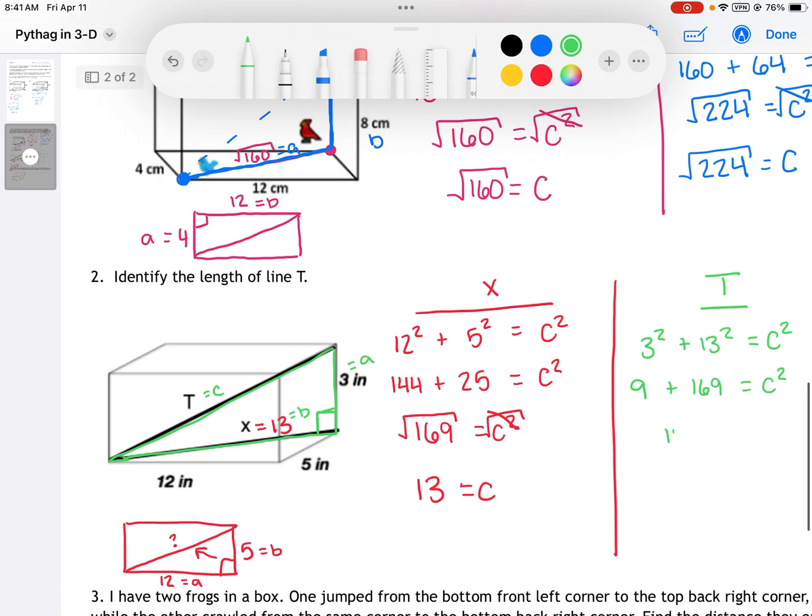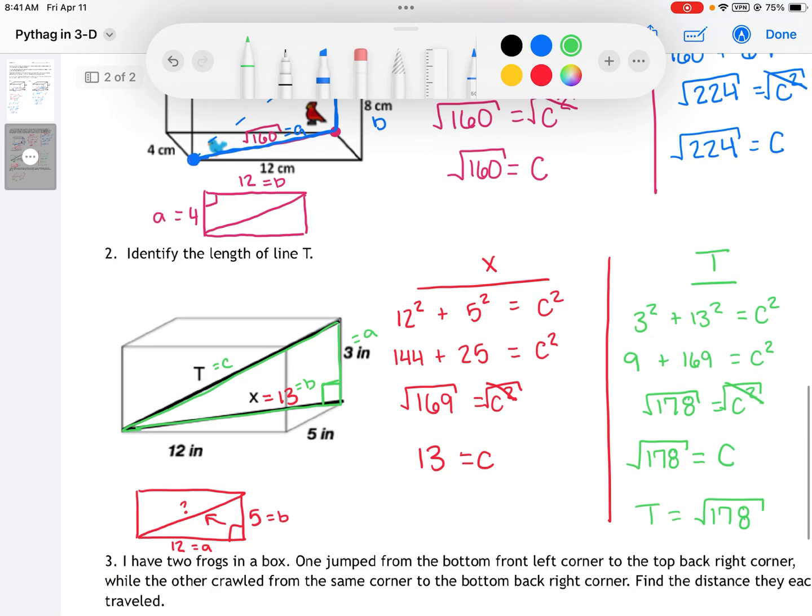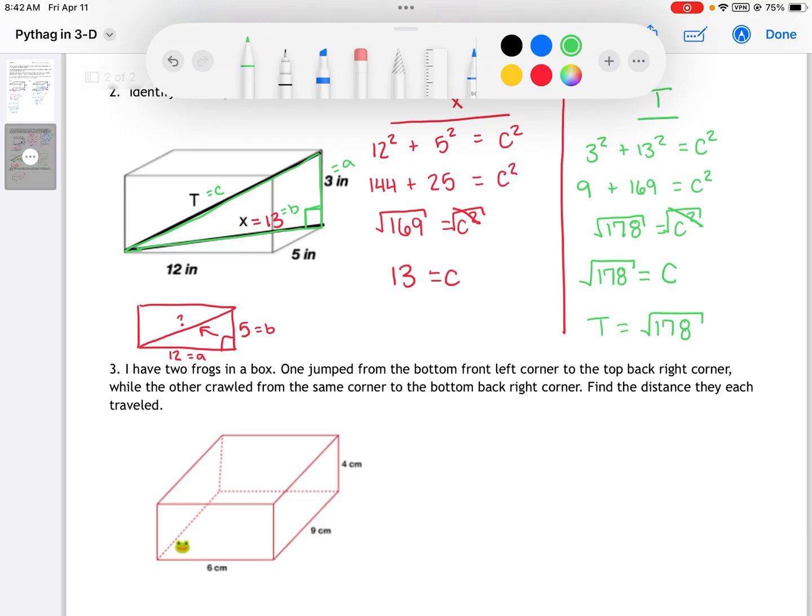And 9 plus 169 is 178 equals C squared. Our last step is to get rid of the squared by taking the square root of both sides. Squares and square roots cancel. We get C equals the square root of 178. So the distance of T is the square root of 178.